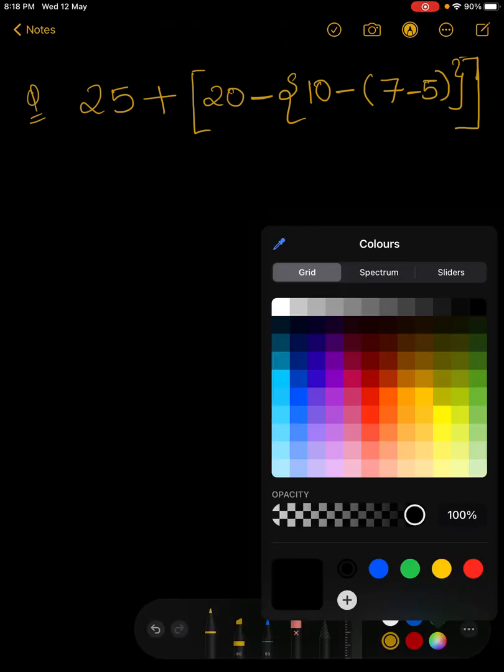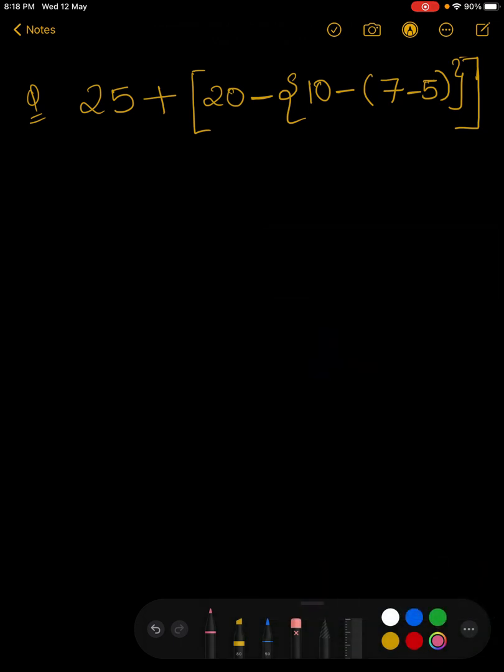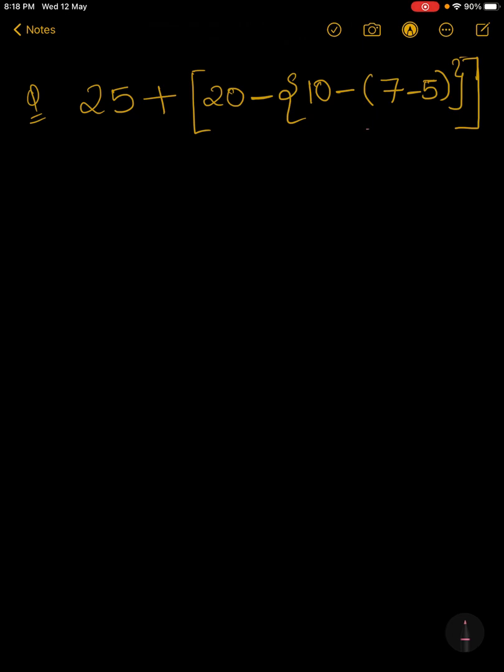So now if we see, remember what I had said, starting from the innermost, that is the right hand part, and we also start with these brackets, the small brackets, right? So the first step would be to solve this.